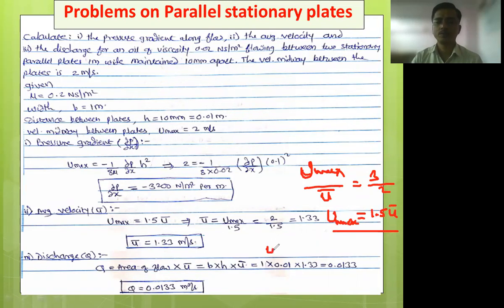So U bar will be equal to U max divided by 1.5. So U bar is equal to 2 divided by 1.5. You will get here 1.33. Check whether you have got this value or not.